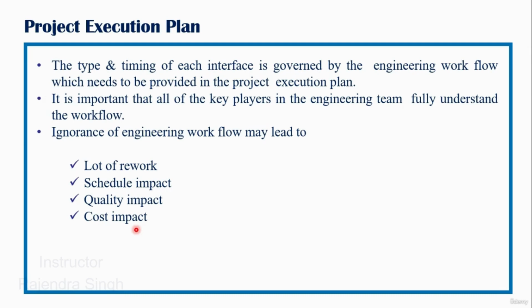So, if someone has not rightly understood the project execution plan or the interdisciplinary coordination matrix, this will lead to multiple reworks, which will ultimately delay the delivery of the particular document, which will impact the overall schedule of the project. Then this will have a quality impact, a cost impact, and multiple succeeding cascading impacts, which cannot be assessed rightly with respect to these jargons.